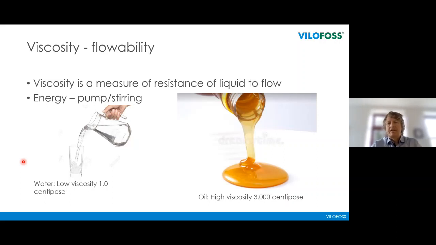These two examples have an effect on how much energy you need to transport the liquid, and you need more energy to move a high viscosity liquid compared to a low viscosity one. So it affects how much you need to pump or how much you need to stir in the biogas, but it also affects a lot of other things.